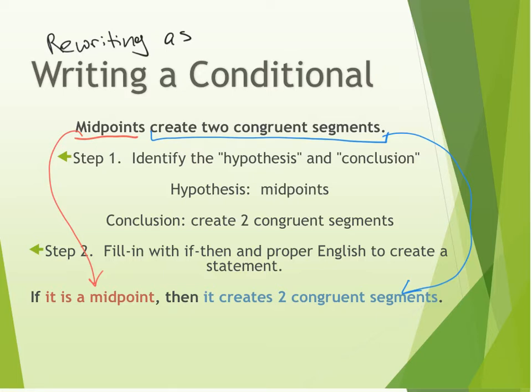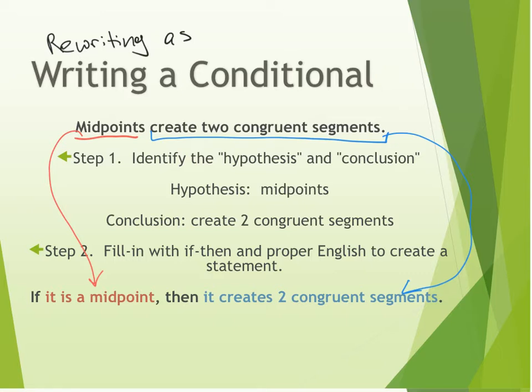The number one thing to remember when you're writing conditional statements is not to imply your own information. What I mean by that is, if you were writing this one, don't be saying, if it is a midpoint that creates two congruent segments, then it has bisected the segment. You inserted the word bisect there, or I inserted the word bisect there.